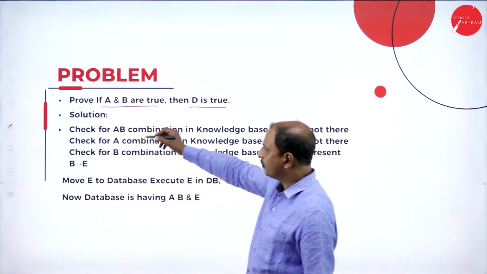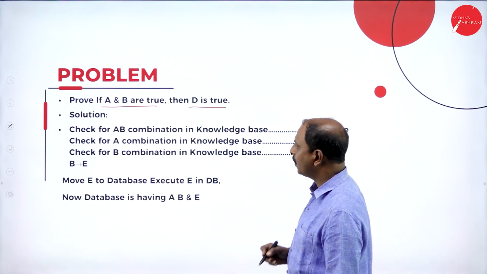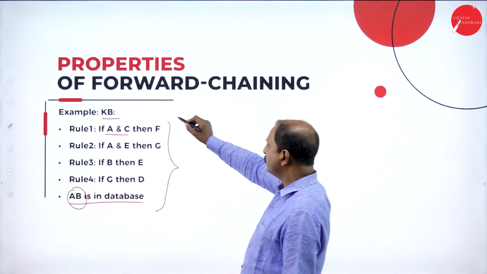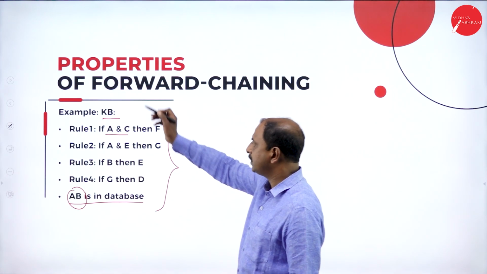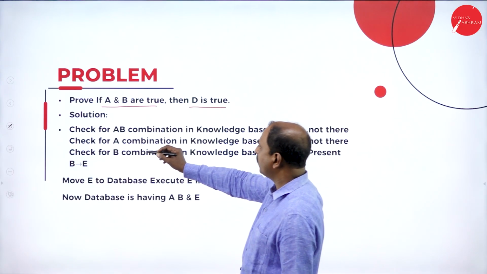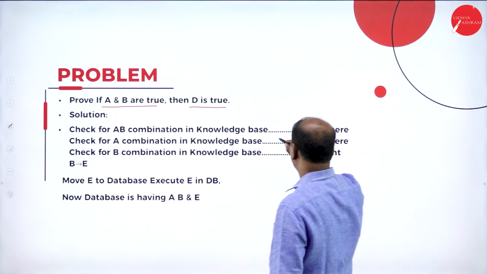So how to start a solution for this? Before we go for this algorithm, we have to remember these rules are the information in the knowledge base. So first, check for the AB combination in the knowledge base.